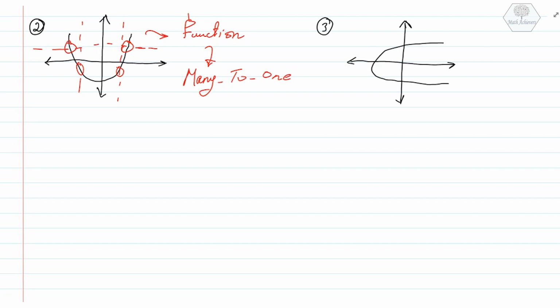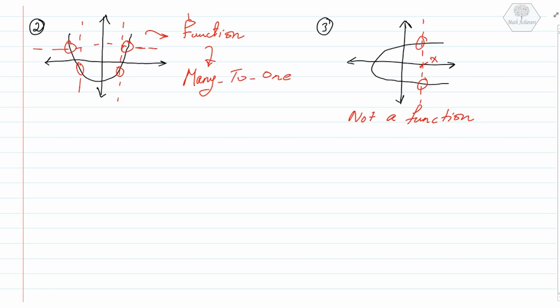We draw a vertical line test, and we can see that the vertical line test crosses in 2 points, which means that this x value has 2 values in the range. So this is not a function. It is a relation. This relation is not a function.